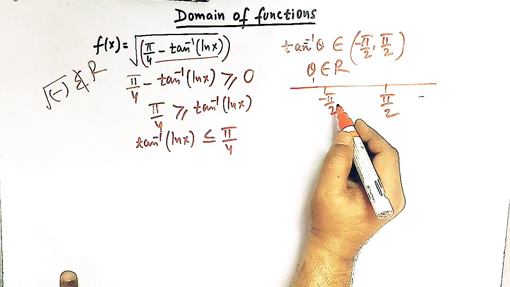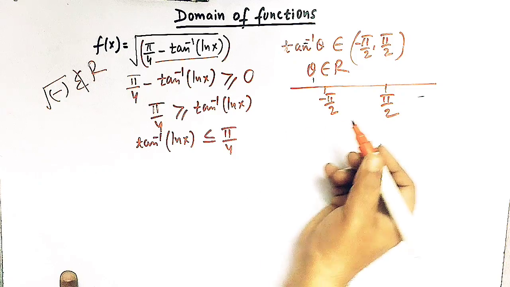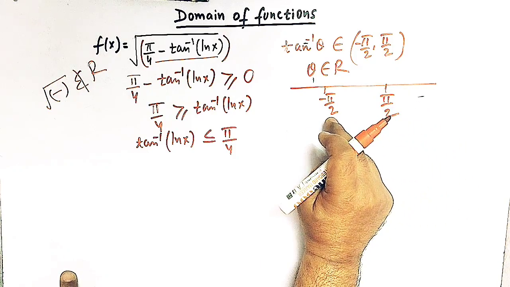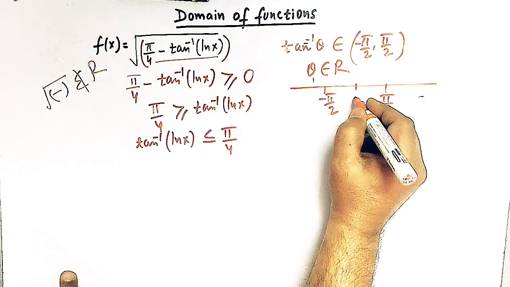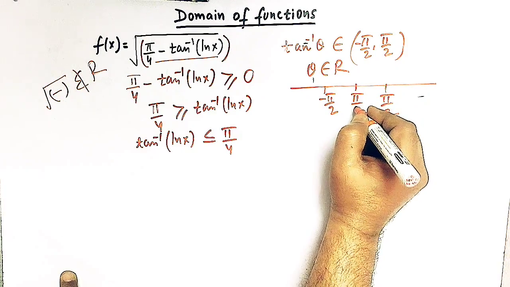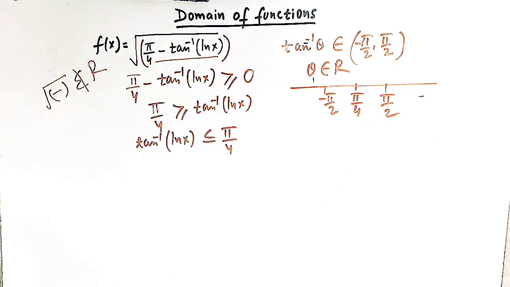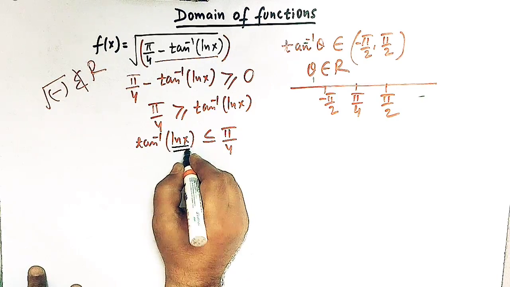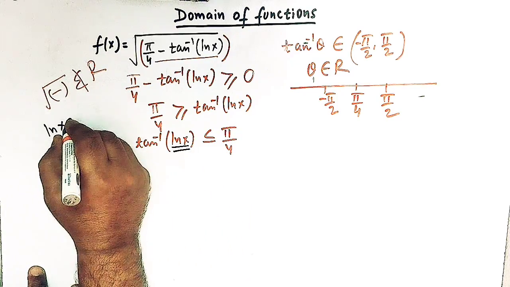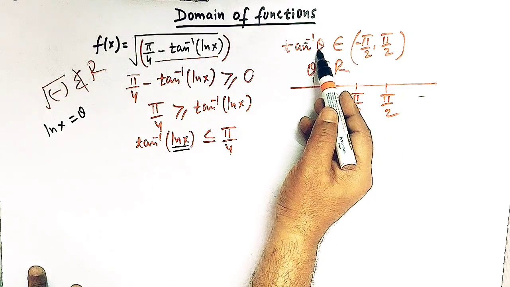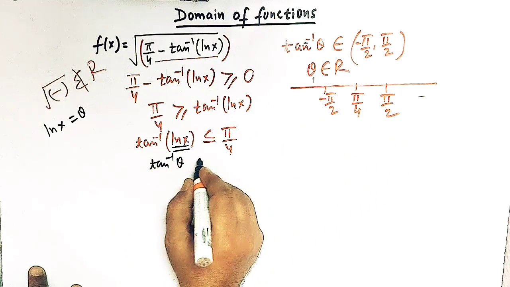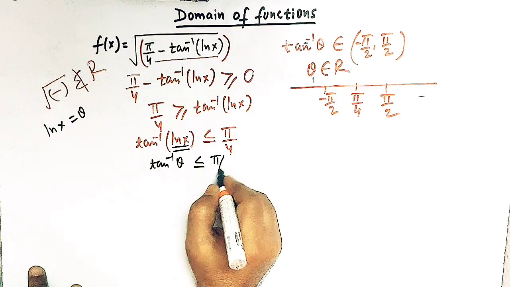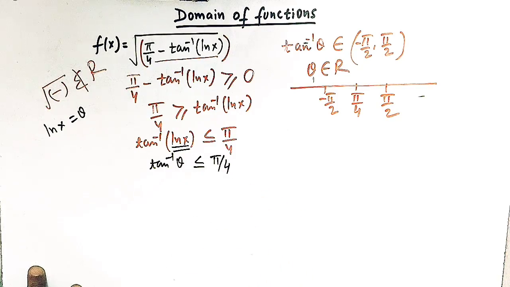Now see, this number pi by 4 lies between minus pi by 2 and plus pi by 2. So we have pi by 4 somewhere here. So now let us take the natural log of x equal to theta. So we have tan inverse theta less than or equal to pi by 4, right?